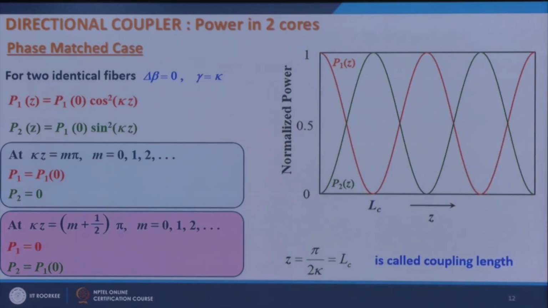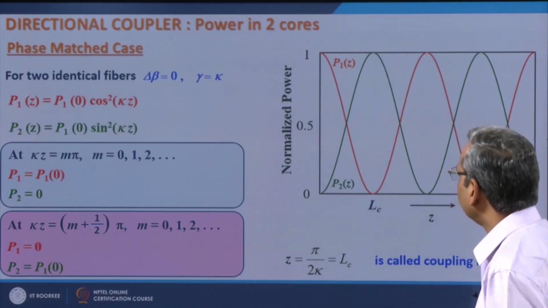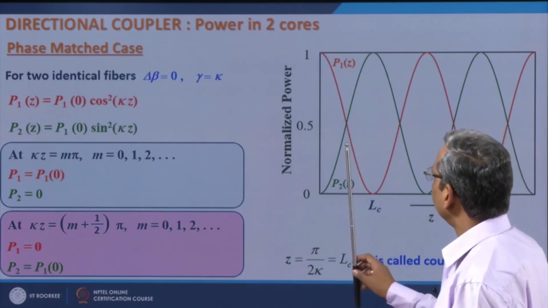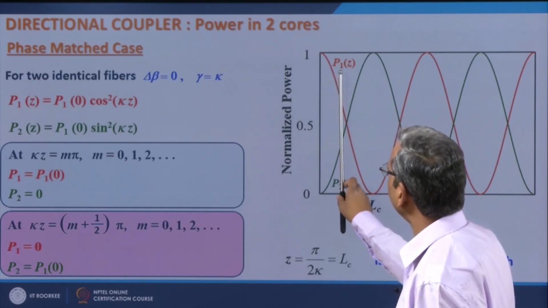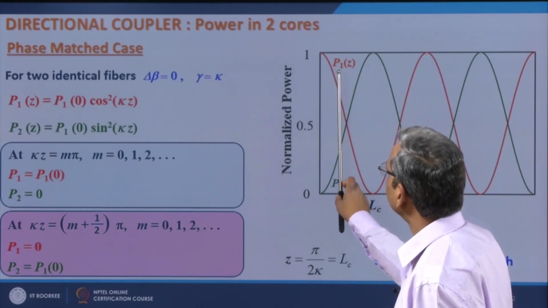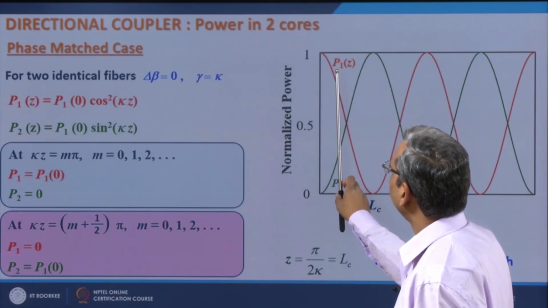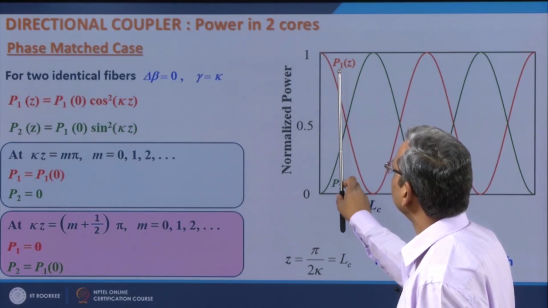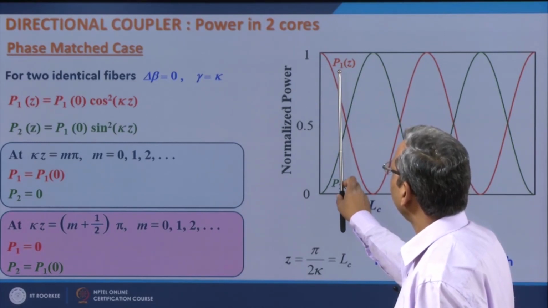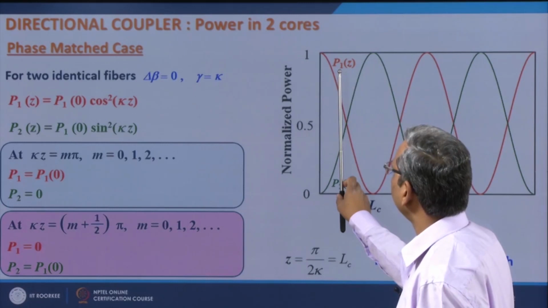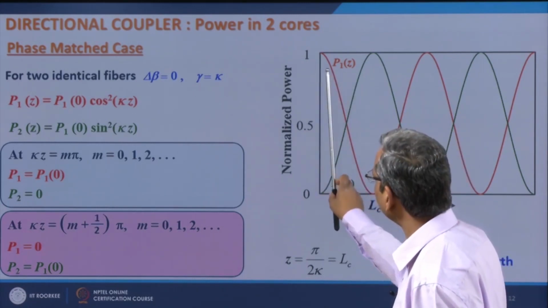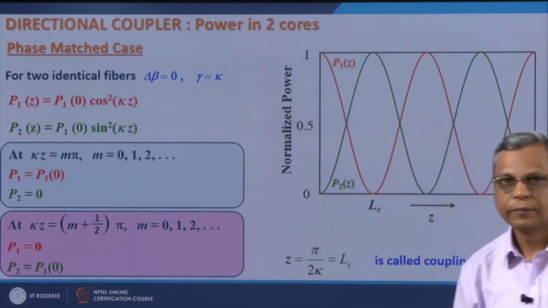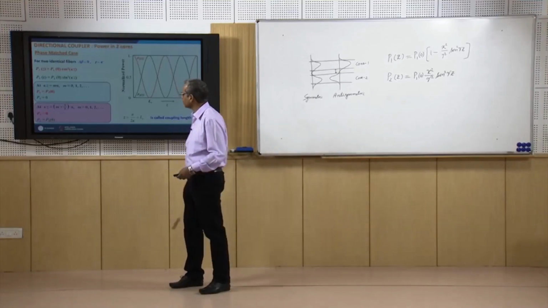You can have any ratio depending upon the length you choose. For example, if you choose this length, then you can maybe have 25% power in core 1, sorry, 75% power in core 1 and 25% power in core 2. So, you can choose any ratio for splitting of power depending upon the coupling length.